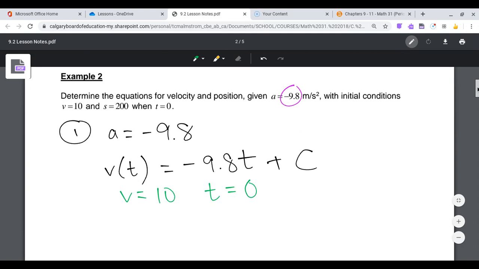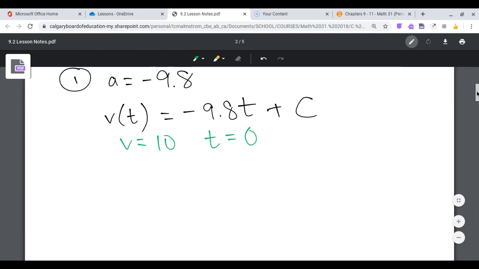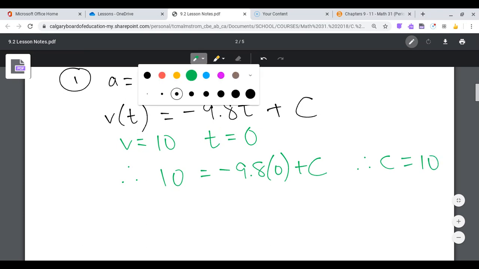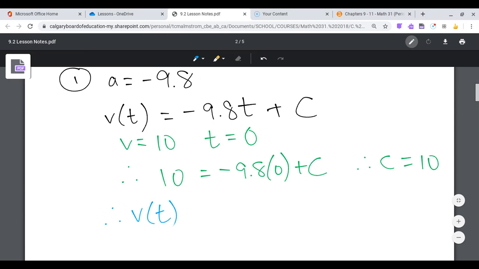So what do I know about c? Therefore, 10 is equal to negative 9.8 times 0 plus c. So therefore, I know c is 10, and I now know my complete velocity function. Therefore, v of t is equal to negative 9.8t plus 10.